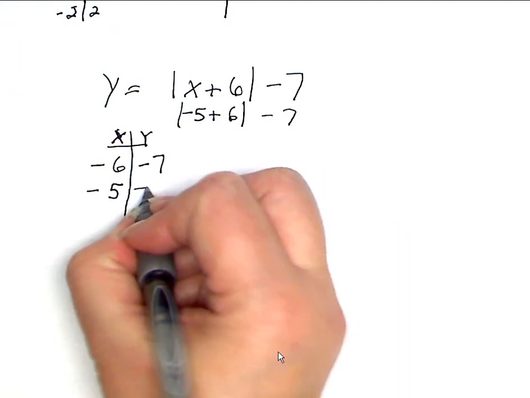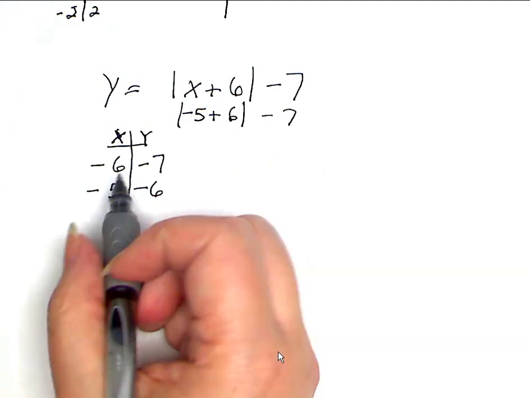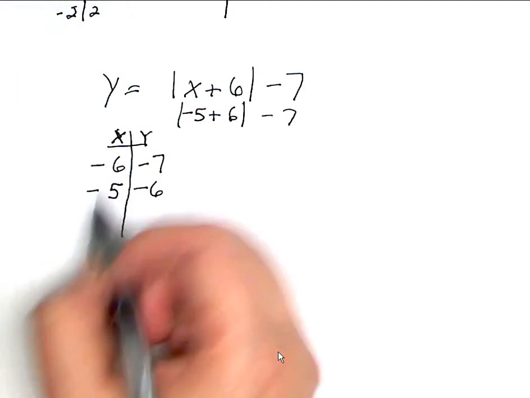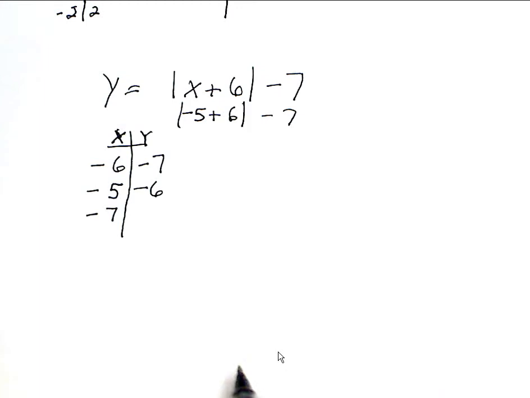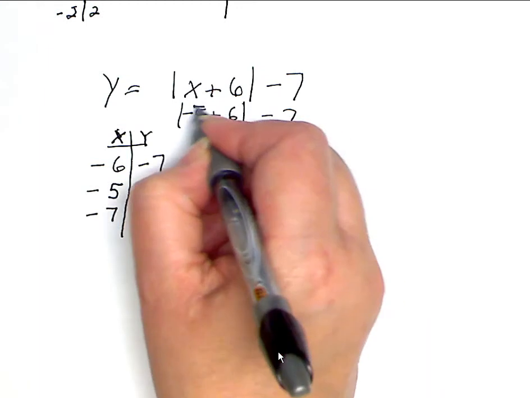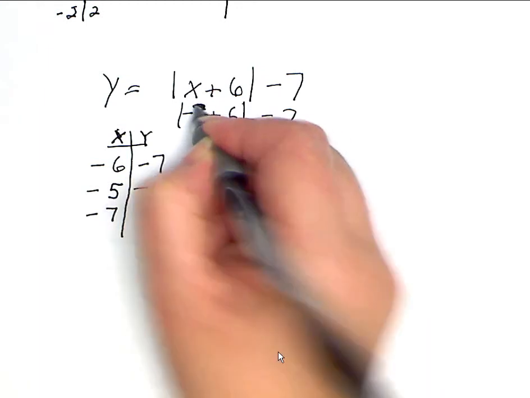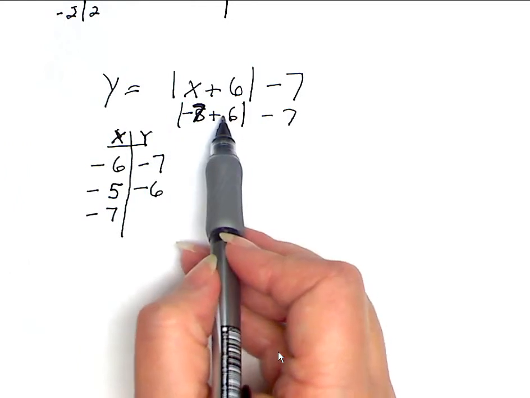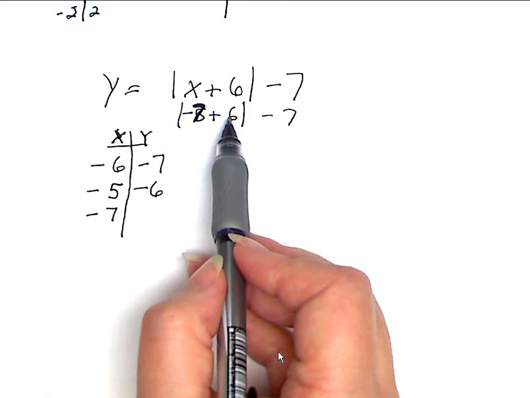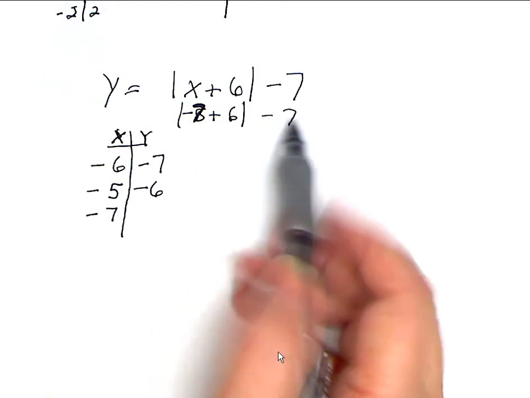Then we're going to also do 1 the other way. So we started at negative 6, I'm going to do negative 7. So we're changing that to a 7, right? So negative 7 plus 6 is negative 1. Absolute value of negative 1 is 1. And then minus the 7, negative 6.